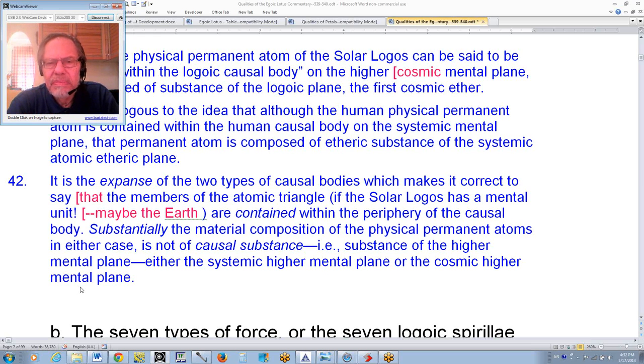But these physical, astral permanent atoms and the mental unit are said to be at the base of the lotus. Of course, they are atoms. So being atoms, they are tiny, and it's often made me wonder whether the causal structure itself is not, at least with the human being, somehow on the atomic scale, very small, with an immense radiation.